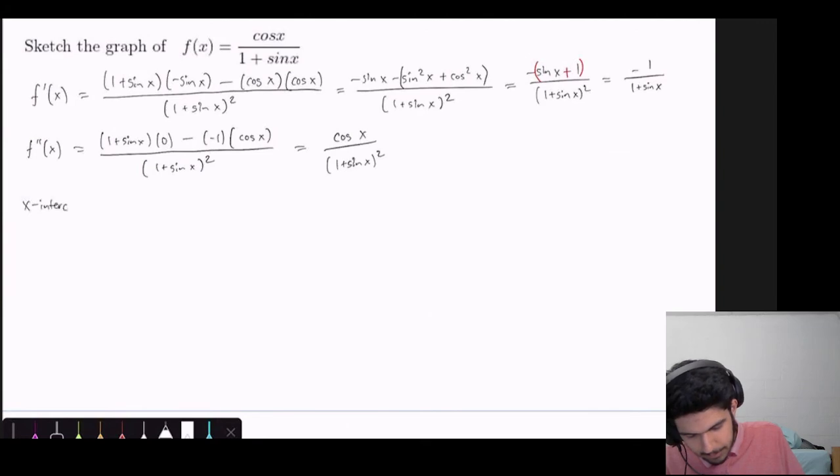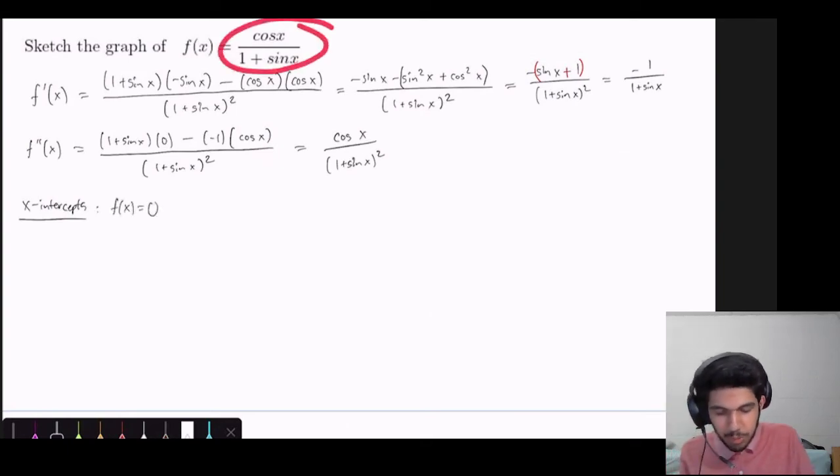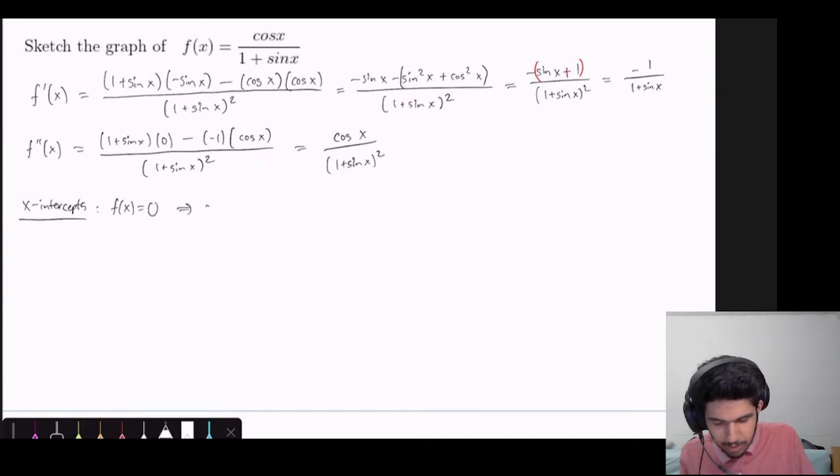X-intercepts. This occurs when f of x equals 0, and we're dealing with a fraction, so we want our numerator to equal 0. Cosine of x equals 0. And we know this happens at a lot of places. This occurs at x equals plus or minus pi over 2.